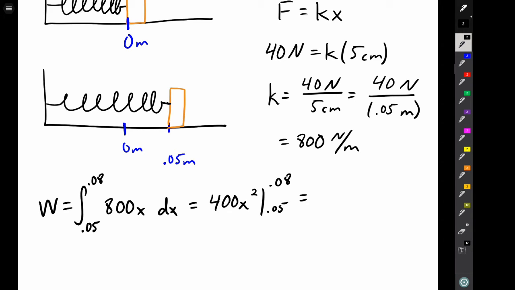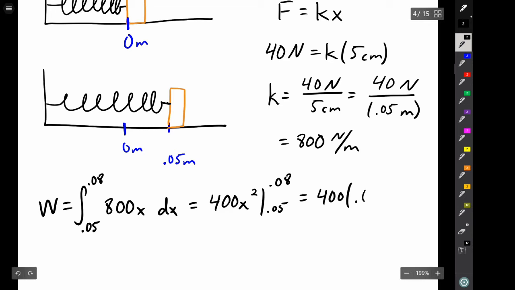So let's just go ahead and use a calculator on this real quick. All right, so let's see, 0.08 squared minus 0.05 squared.